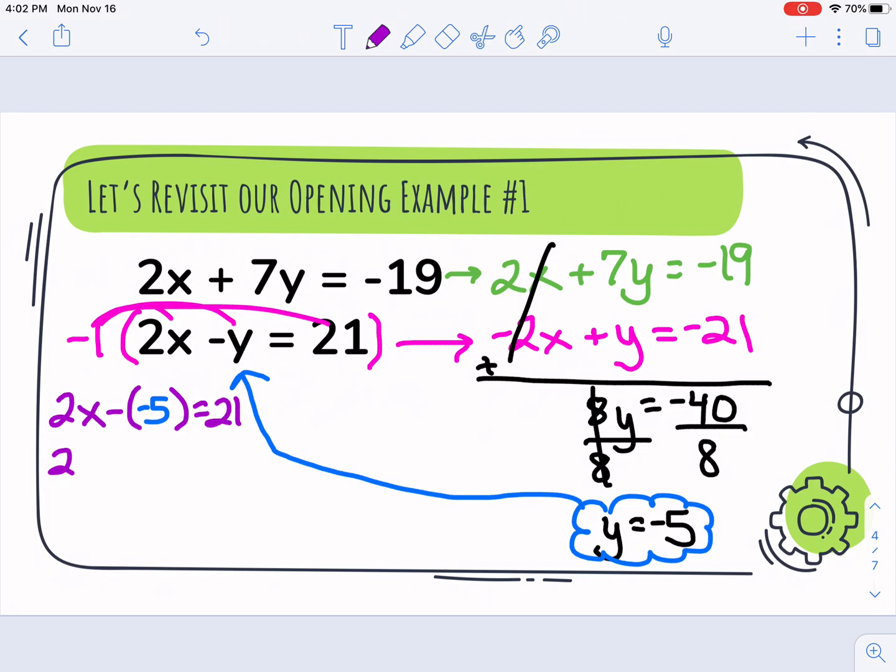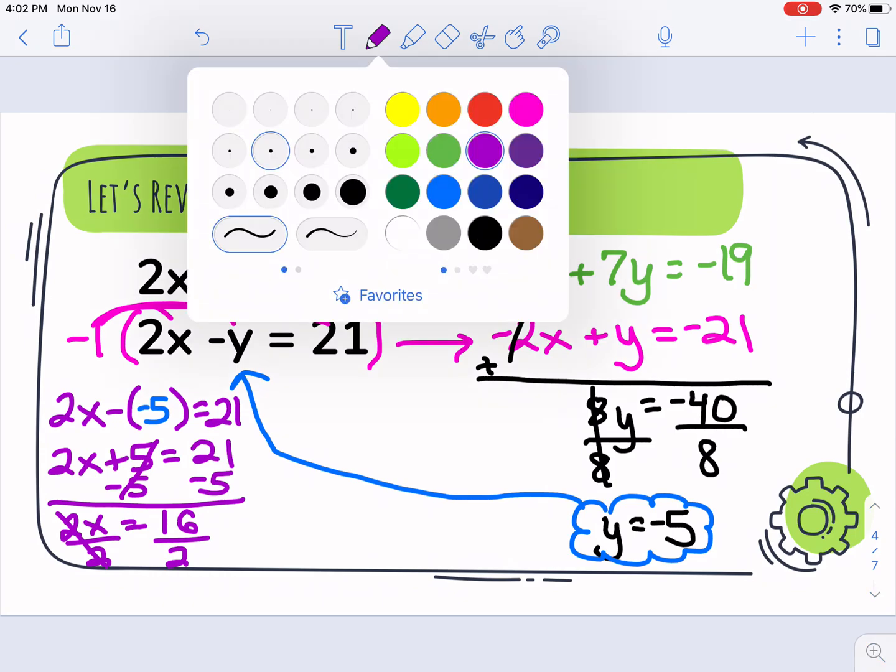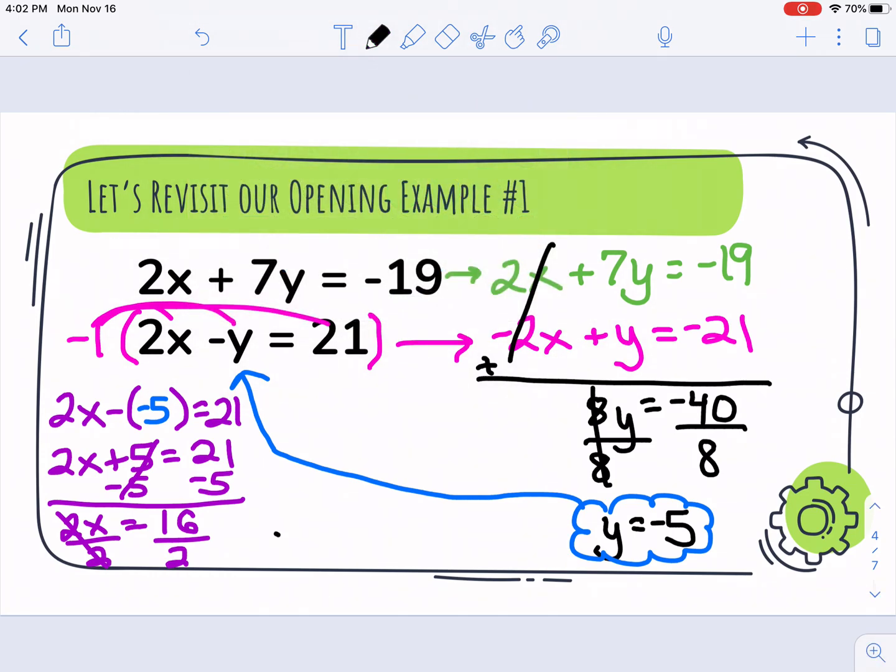So I have 2x plus 5 equals 21, and if I subtract 5 from both sides, I get 2x equals 16. If we divide both sides by 2, we're left with x equals 8.